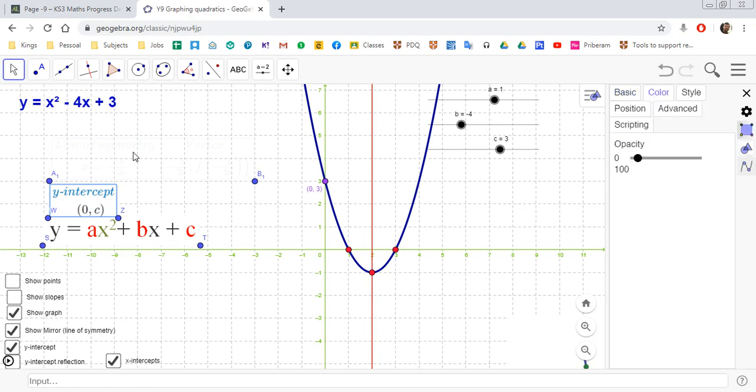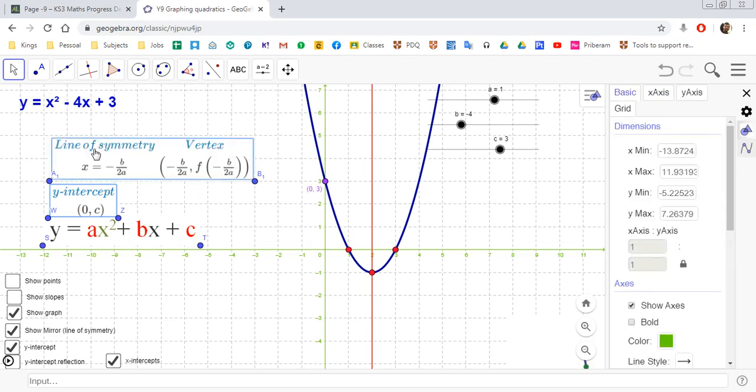And this formula is this one. The line of symmetry is given by minus b over 2a. Okay? b is minus 4, so minus b is going to be plus 4, divided by 2a. a is 1, so 2a is going to be 2. So positive 4 divided by 2 is 2.